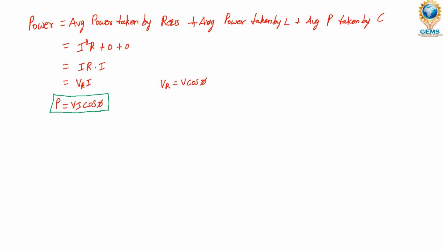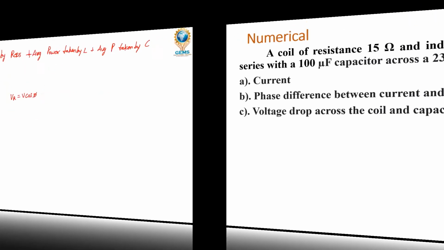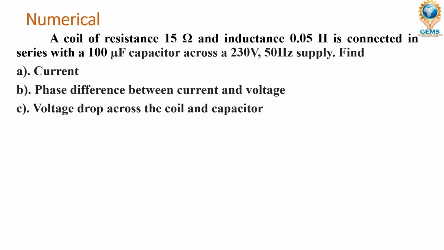Next we are going to see one numerical on this. A coil of resistance 15 ohm and inductance 0.05 Henry is connected in series with a 100 microfarad capacitor across 230 volt 50 Hz supply. Find current, phase difference between current and voltage, and voltage drop across the coil and capacitor. First we will note down the given data.